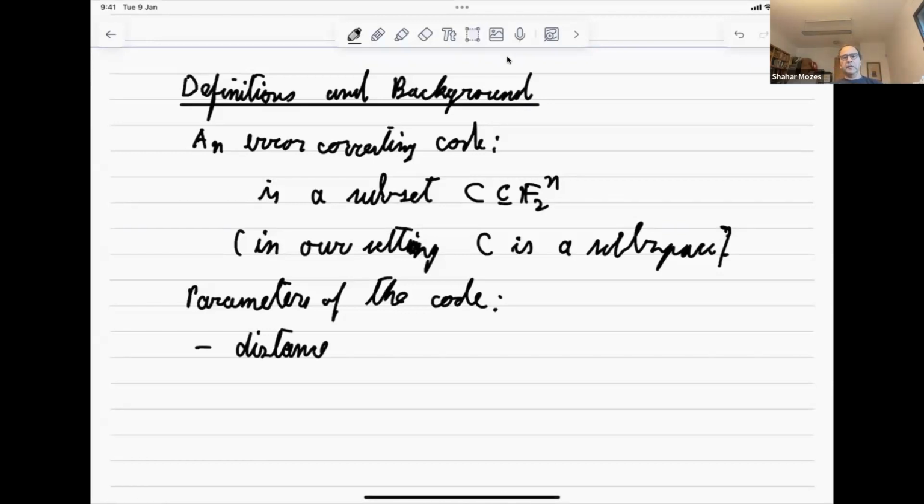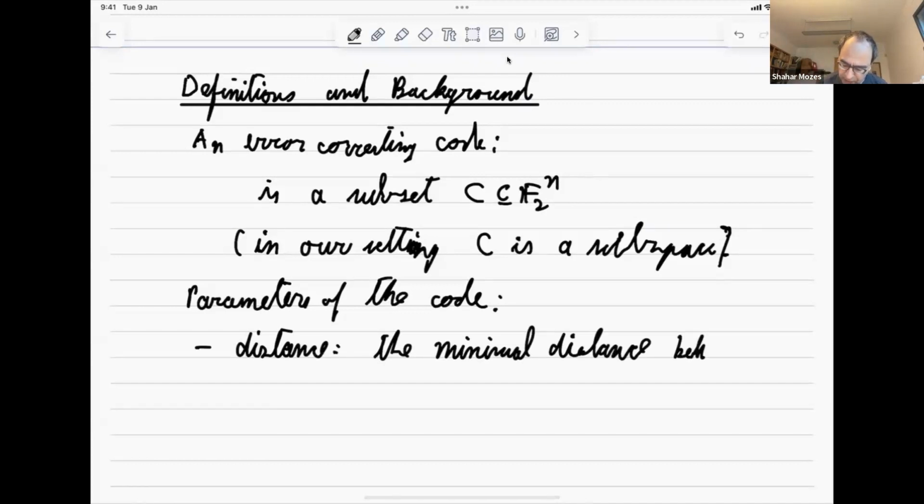You're sending messages of zeros and ones, and you want the two different messages you send to be different in many places. So this is the minimal distance between code words.